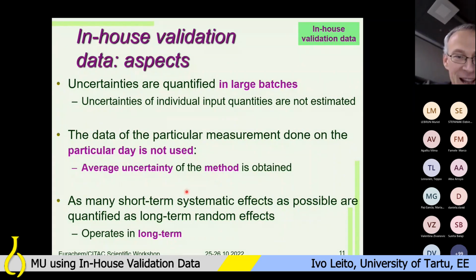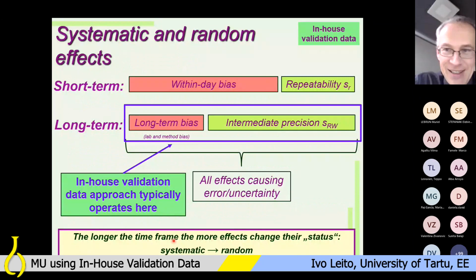And finally, as many as possible of those short-term systematic effects are typically quantified as long-term random effects, so that this approach operates in that long-term domain. So if we again take this scheme, we try to leave as few uncertainty sources as possible in this block, because this one is more difficult and more tricky to quantify.